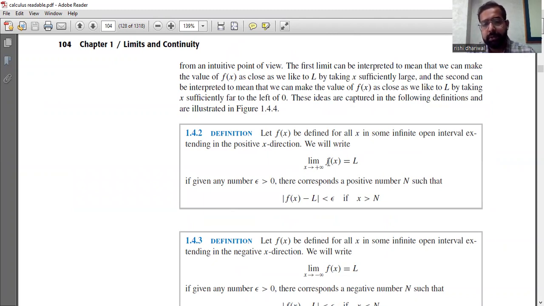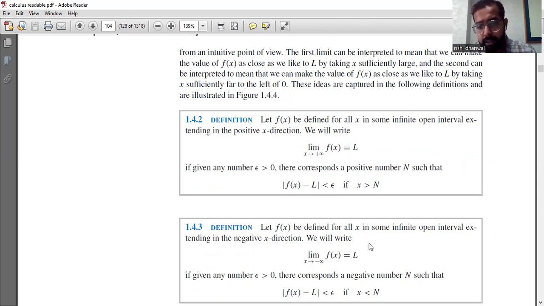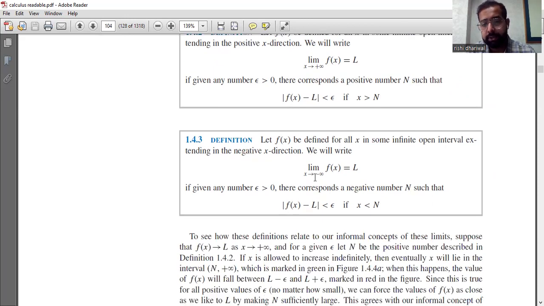The limit of f(x) as x approaches positive infinity is L if for any number epsilon greater than 0, there corresponds a positive number N such that mod f(x) minus L is less than epsilon if x is greater than N. And similarly, if x is extending in the negative direction of the x axis, then we may write the limit as x approaches minus infinity of f(x) is equal to L.